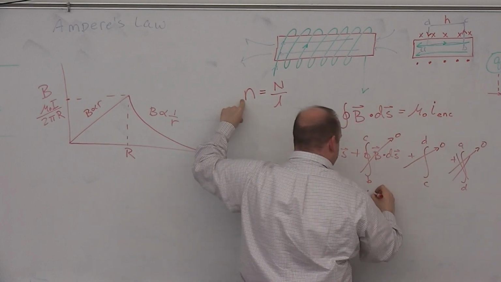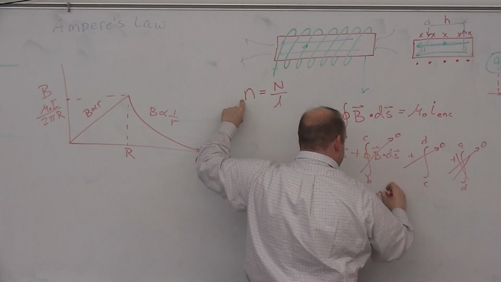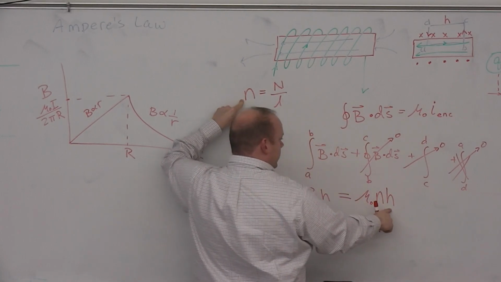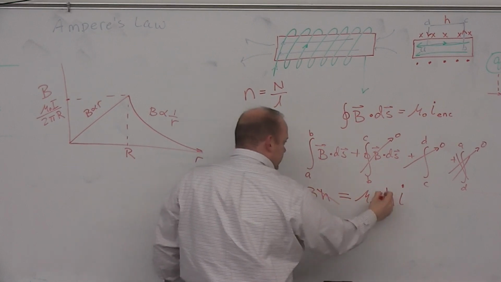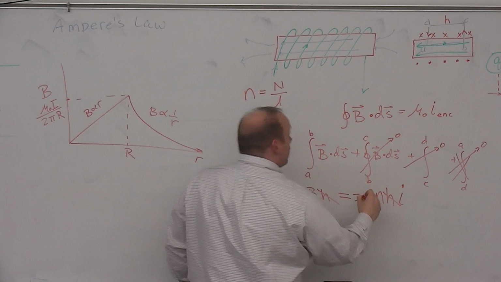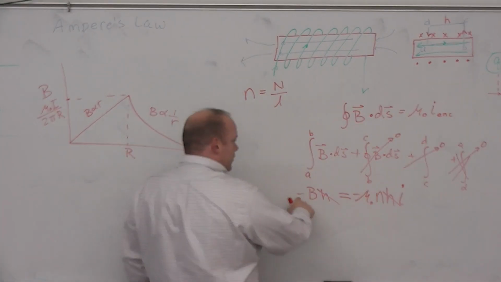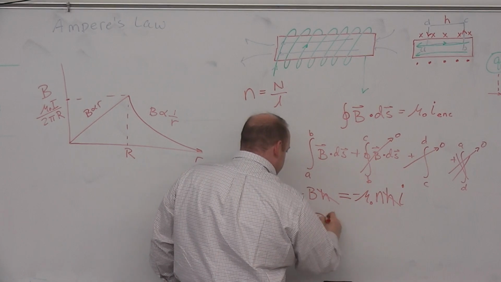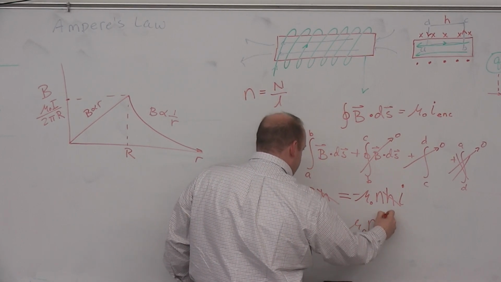So this is going to be mu naught times n, h, that's the turns per unit length times the length, times the current I. The h's drop. This current was negative because it's going into the board. Out of the board is positive. So the negatives will now drop. So my magnetic field is equal to mu naught n I.